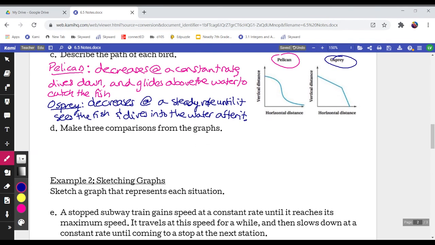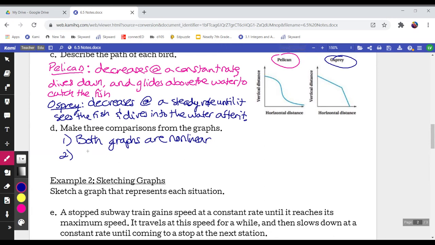So, three comparisons from the graphs. First one, the osprey has two linear sections, but both graphs are nonlinear.